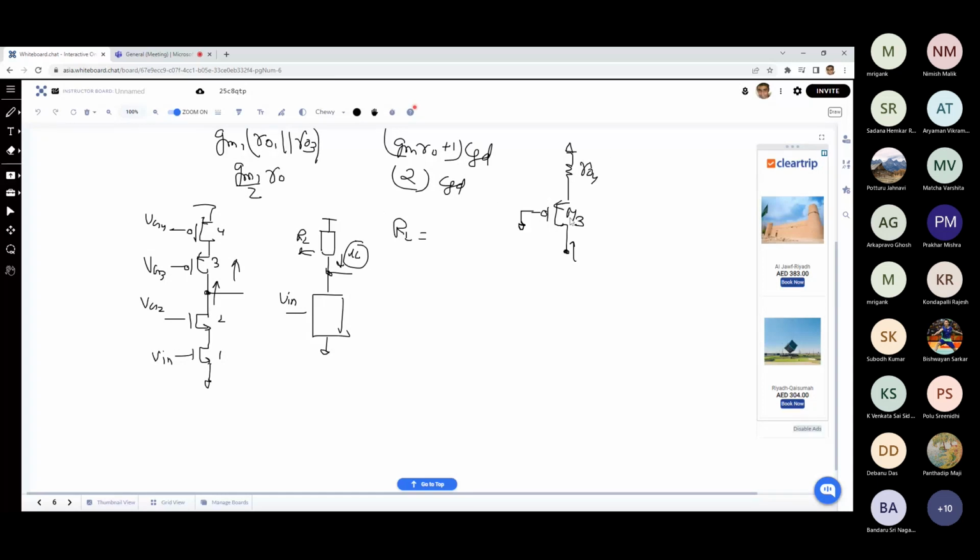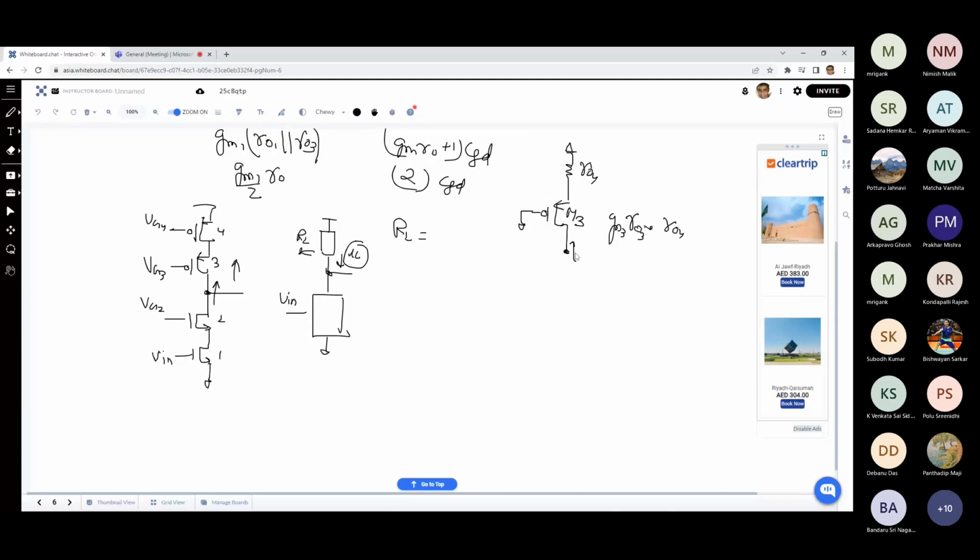So this is the situation, and therefore the impedance looking into the drain of the MOSFET is going to be approximately GM3 RO3 multiplied by RO4. So intrinsic gain of the MOSFET multiplied by the impedance in the source, RO4, approximately.